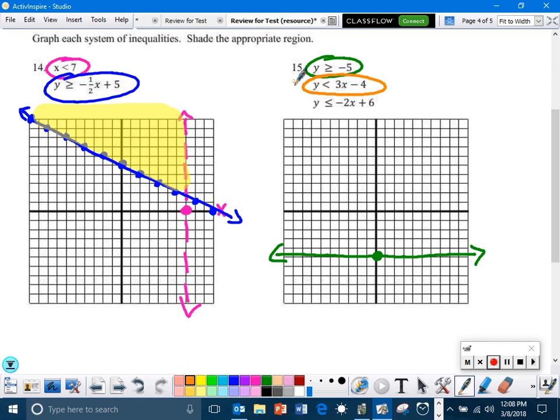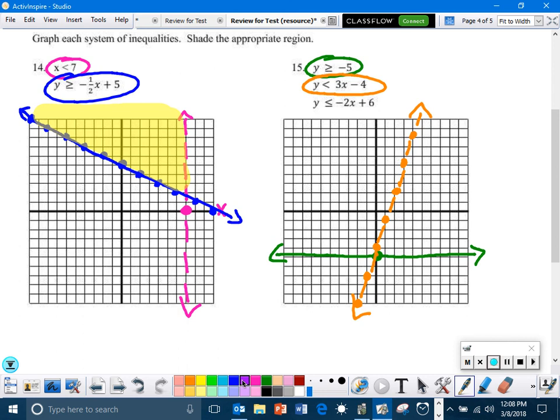Start at -4. And the slope is 3, so up 3 over 1. Go backwards. Okay, this one does not have an equal to, so it is a dashed line. And when we shade that one, y is less than, so we'll be shading below that line, but not yet.